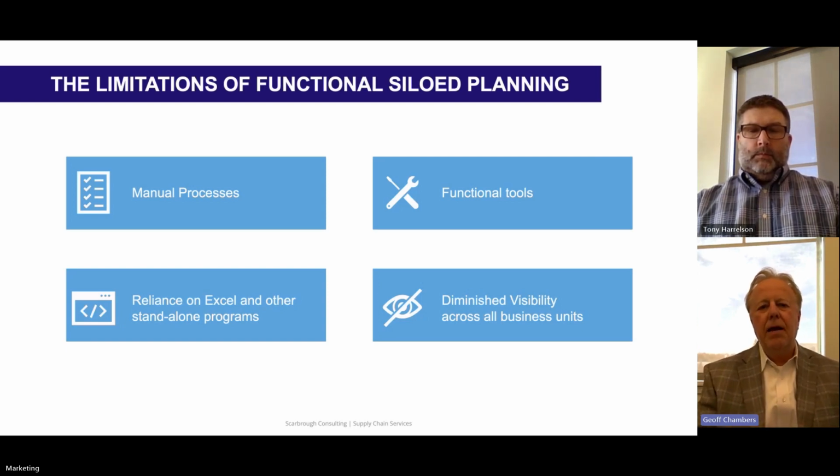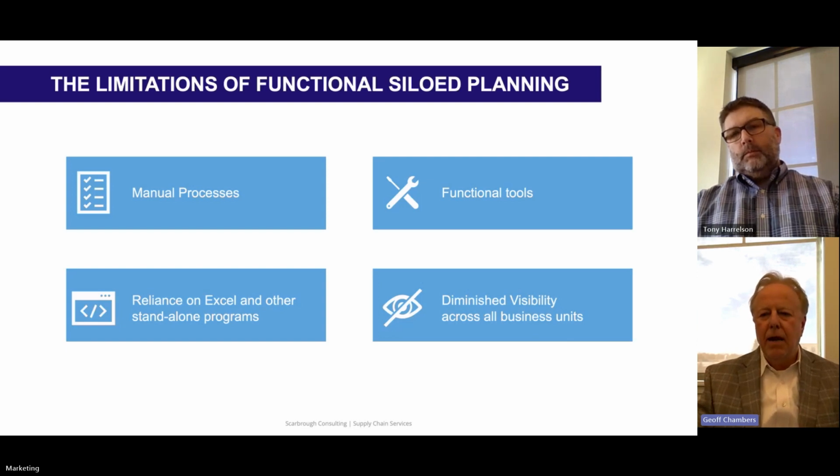There are a lot of companies that keep their contracts and their pricing in Excel spreadsheets, just to give you an example. That's a very manual process, requires someone constantly updating, and normally it only provides limited visibility to the users it's intended for, not across the company.